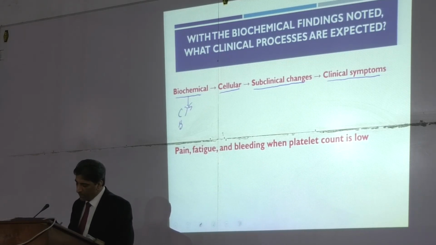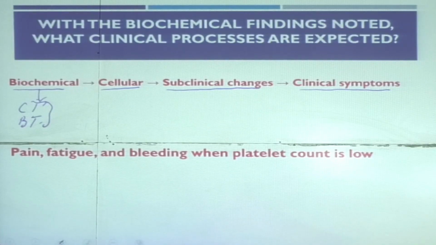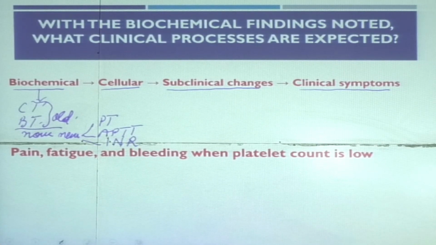Clotting time and bleeding time are old tests. Now the newer ones are prothrombin time, APTT and INR. So, which cell is involved? It is the platelet. What will be the subclinical changes?